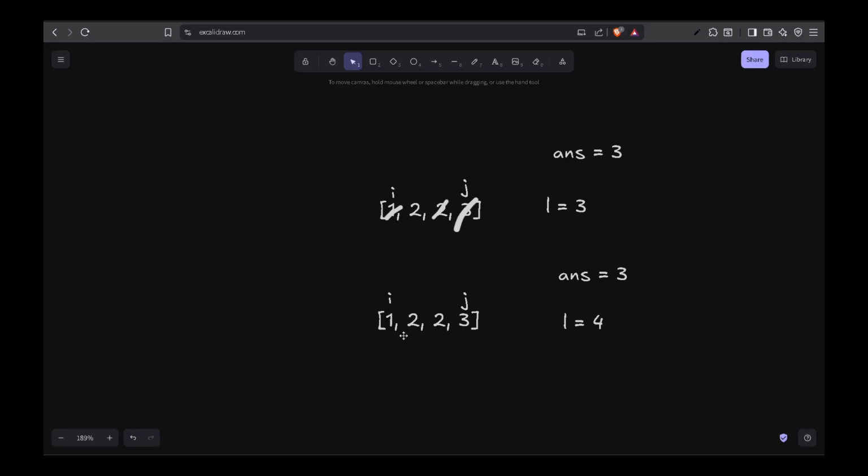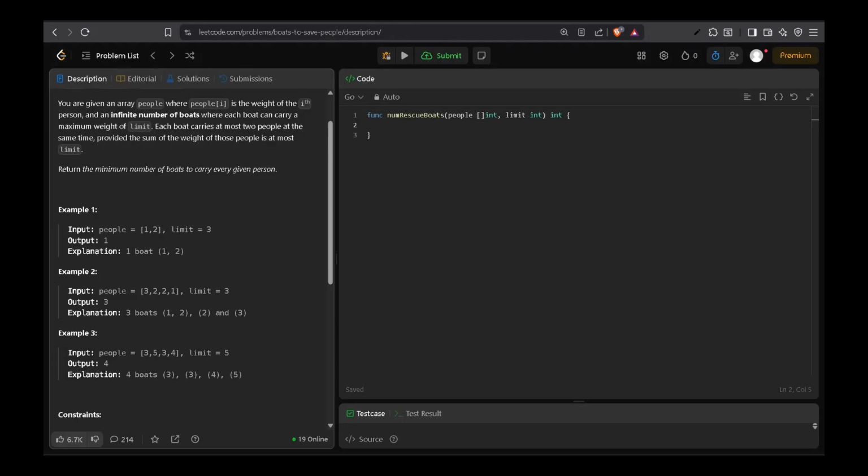So that means the lightest person should start from the 0 and the heaviest person should be at the last, right? So that means we are going to sort the array, right, in the ascending order. So we have to do that as well. So you can apply a sorting algorithm here, but I'm just going to use the inbuilt function for Golang, right? So people, so we have sorted the array.